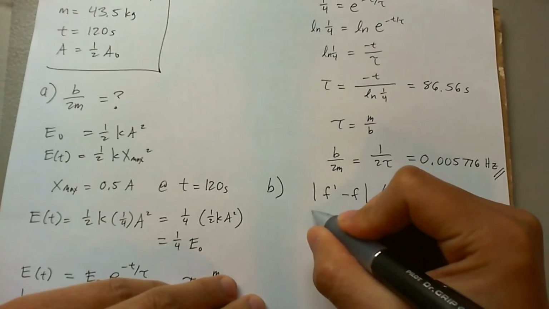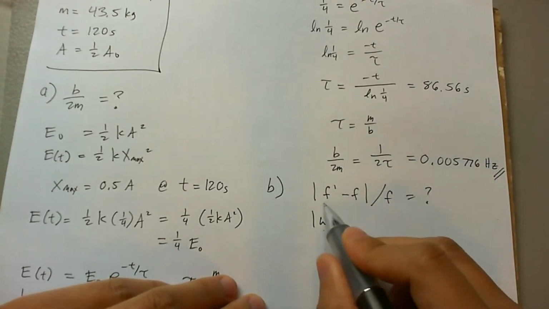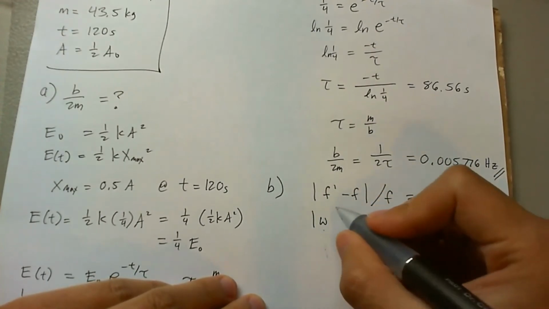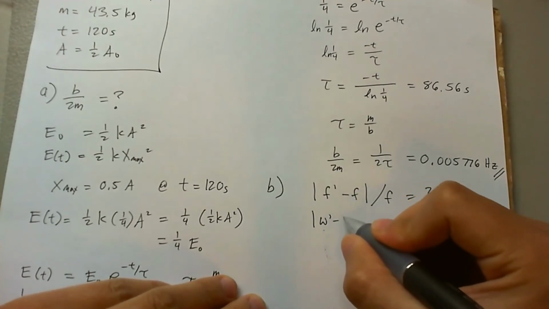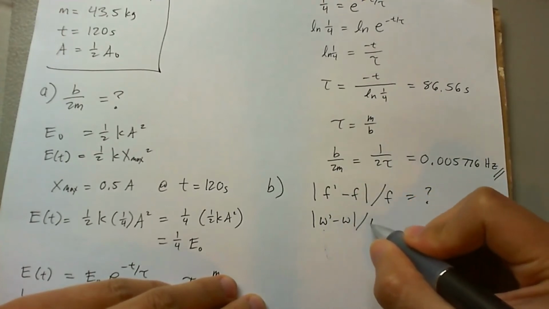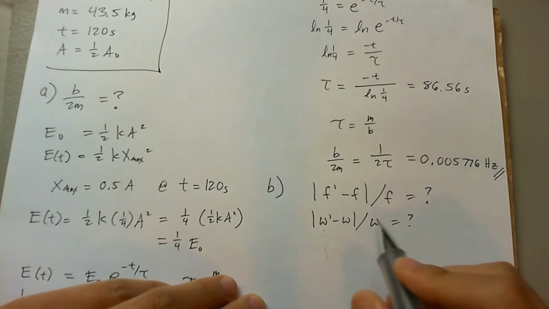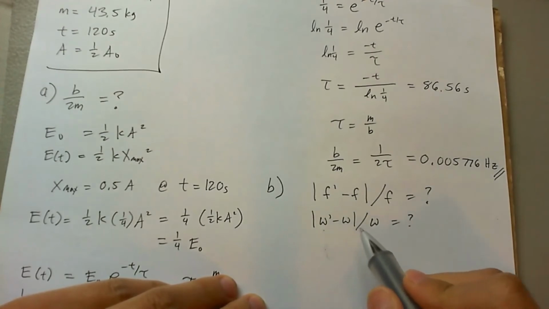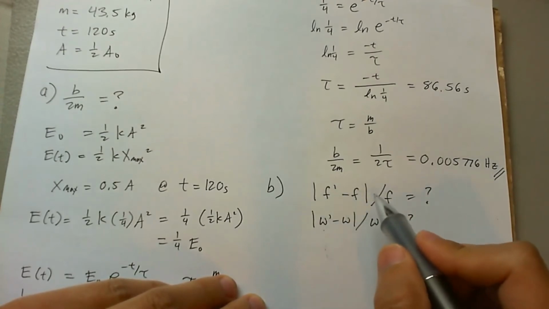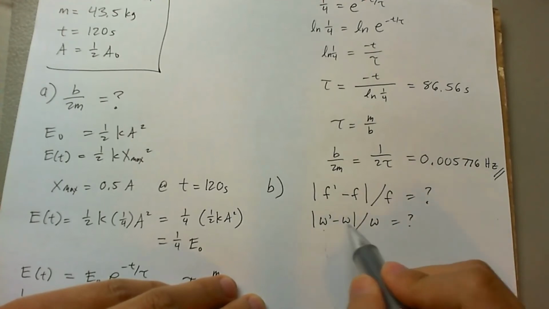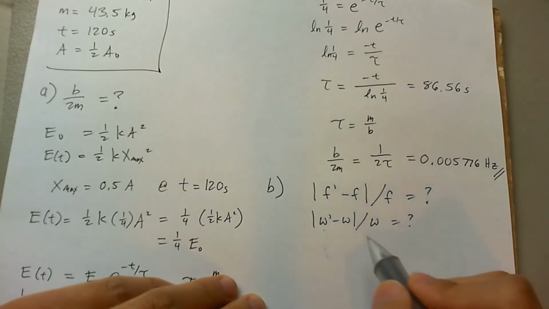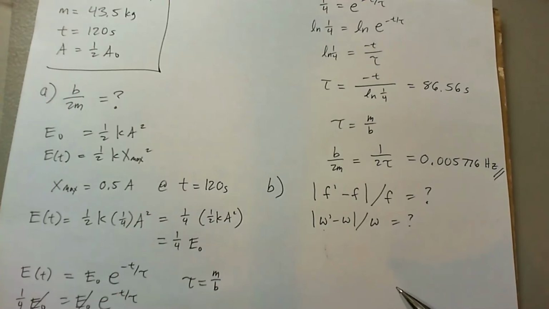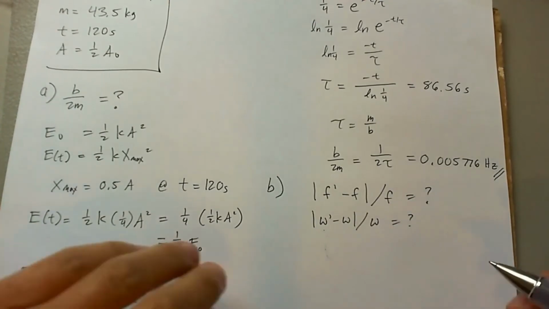So instead of finding f prime minus f over f, let's find omega prime minus omega over omega. Since omega is equal to 2 pi f, the 2 pi's will cancel out across the board, so omega basically equals f when it's in ratio form.